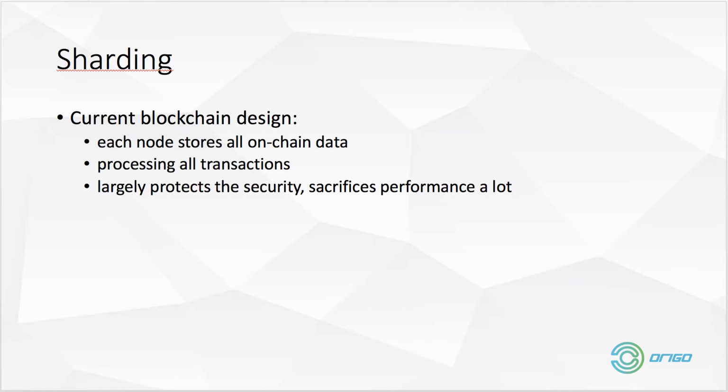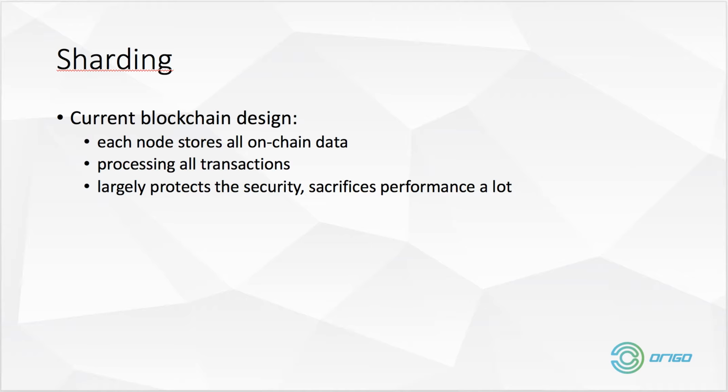So even if you take down part of the shards, that validation work may be lost, but there's no data lost. There's no data availability problem for this kind of computation sharding.